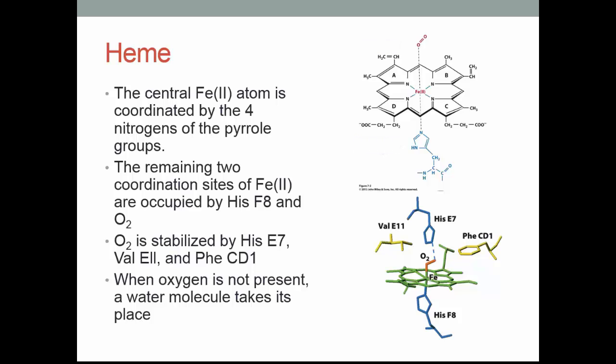The oxygen molecule is further stabilized by hydrogen bonding with histidine E7 and then locked into place with valine E11 and phenylalanine CD1. Valine and phenylalanine can actually swing in and out as hemoglobin breathes to facilitate oxygen movement on and off the heme. When oxygen is not present, a water molecule takes its place.